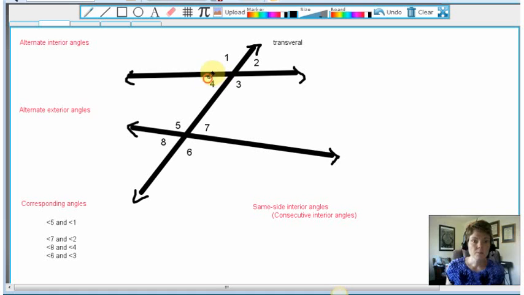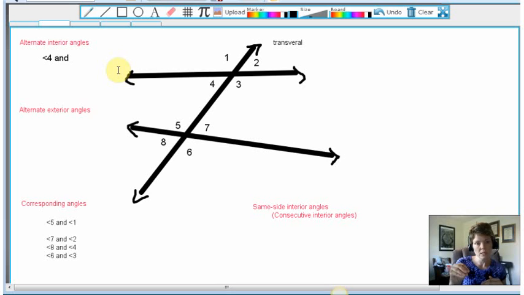So we need to pick an interior angle. Let's pick angle 4. Which angle is the alternate interior angle? Alternate means on the other side of the transversal. So we're doing angle 4, and what's the interior angle? We have 4, 3, 5, and 7.